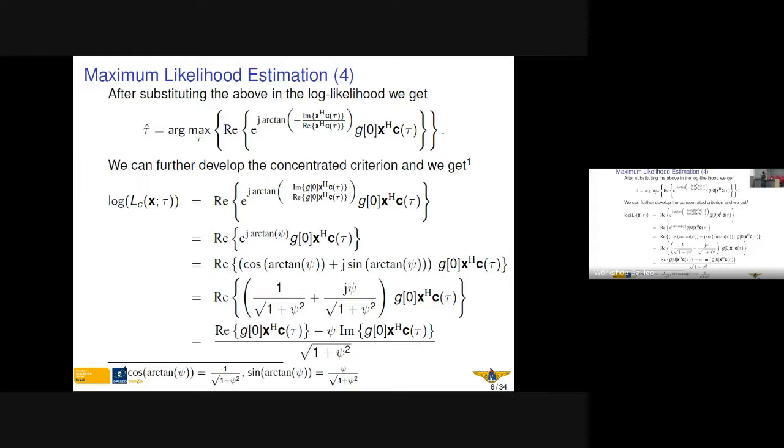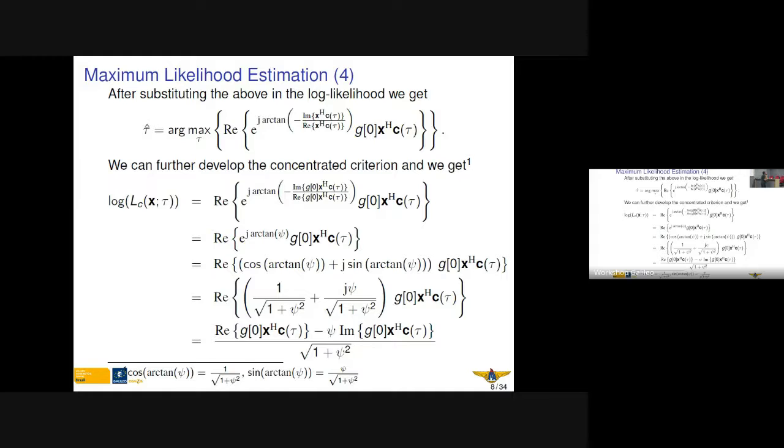So the real part of this exponential function to the power of j, and then the Arcus tangent of the imaginary part of G0 x Hermitian C of tau divided by the real part of G0 x Hermitian C of tau times G of 0 x Hermitian C of tau, and we can rename this argument in the Arcus tangent and call that psi. So you have a simpler writing, and then we end up here at the end.